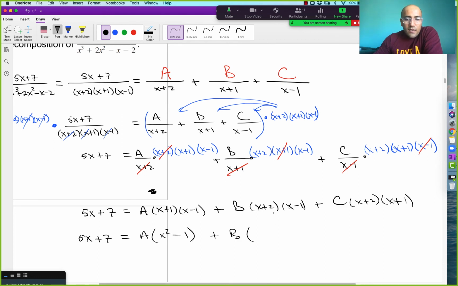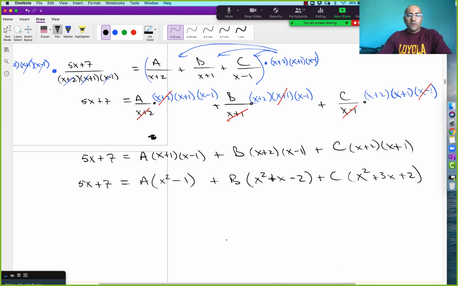Plus B times, and if I FOIL this out, I get x² - x + 2x - 2, which is x² + x - 2. Plus C times, and if I FOIL this out, I get x² + x + 2x + 2, which is x² + 3x + 2.